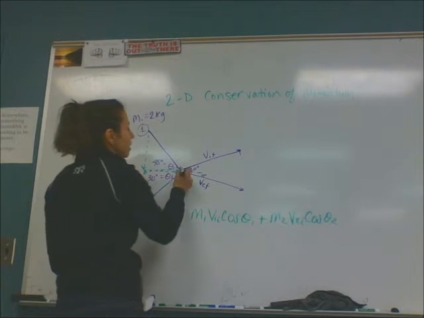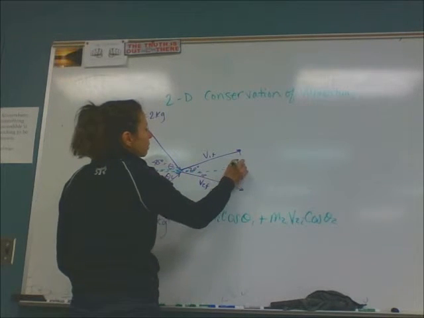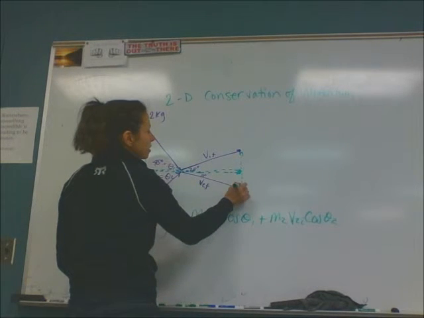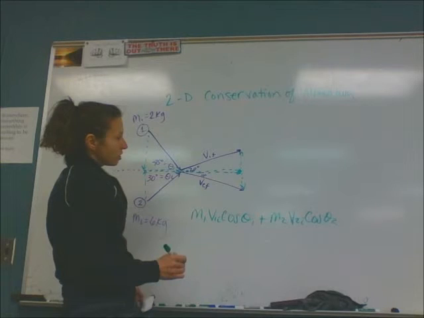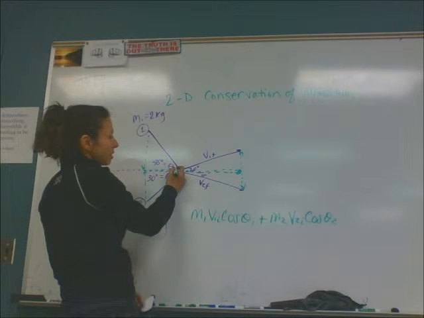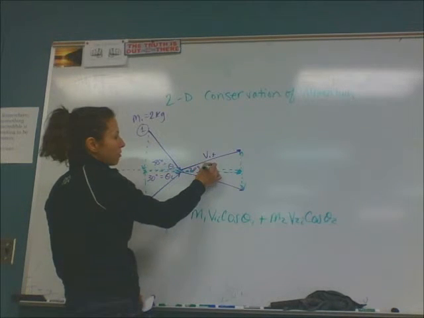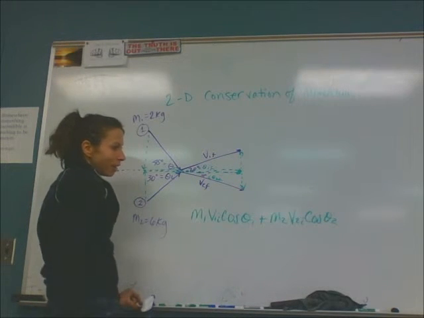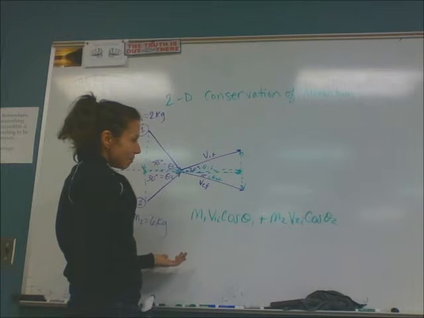And so we should even be more specific with our labels: theta 1 initial, theta 2 initial, theta 1 final, theta 2 final. So after the collision, it's the same. Basically, they're both moving to the right, but my one initials have become one finals, and my two initials have become two finals.